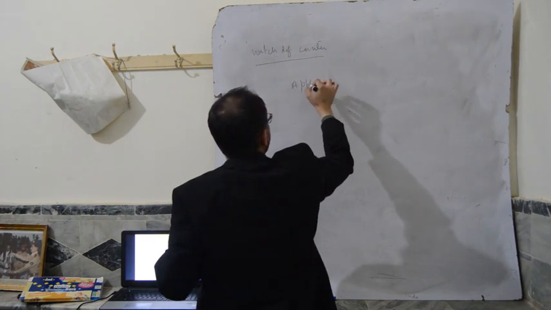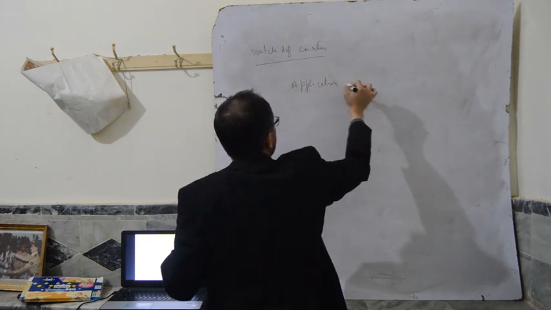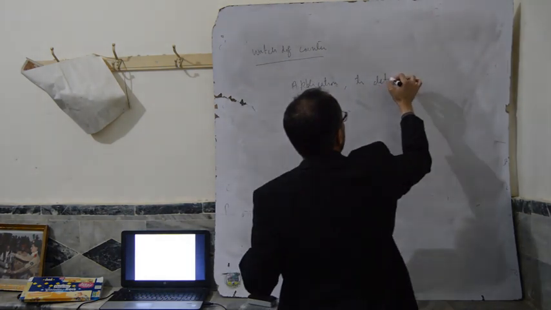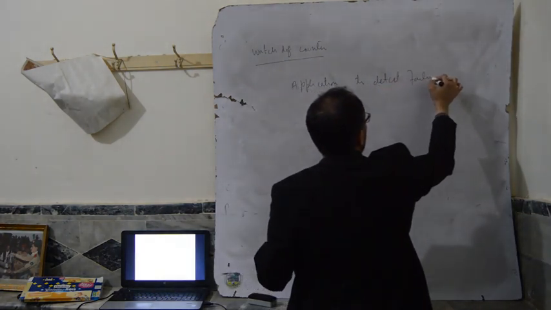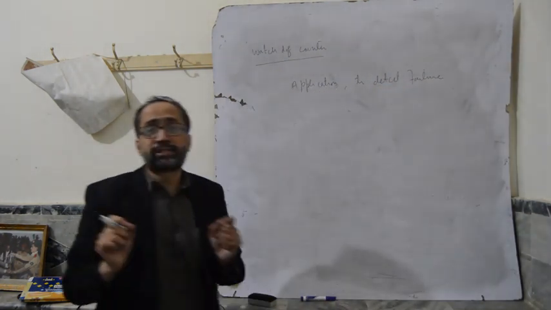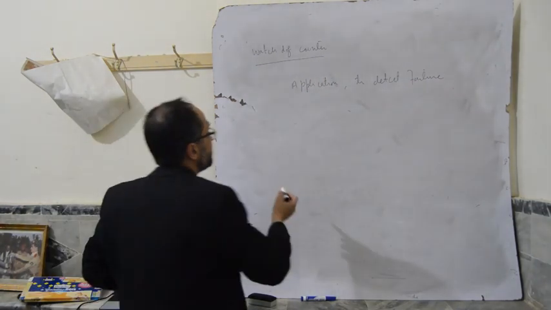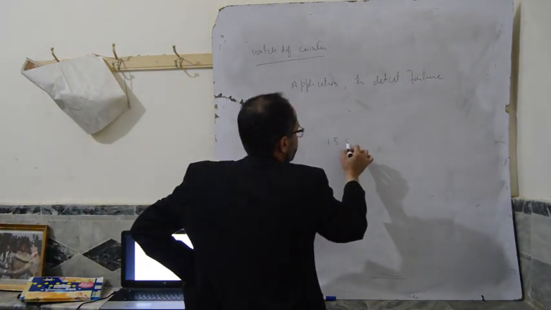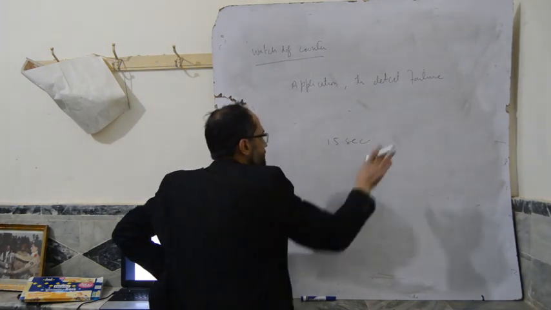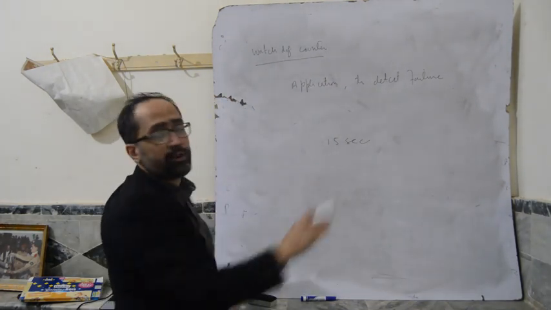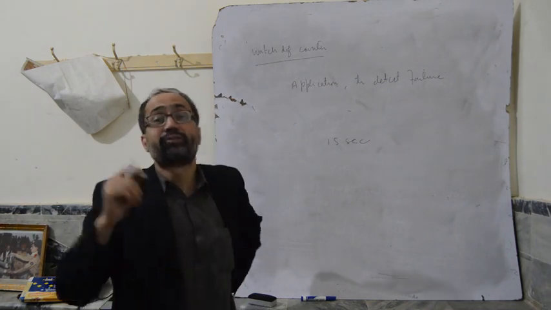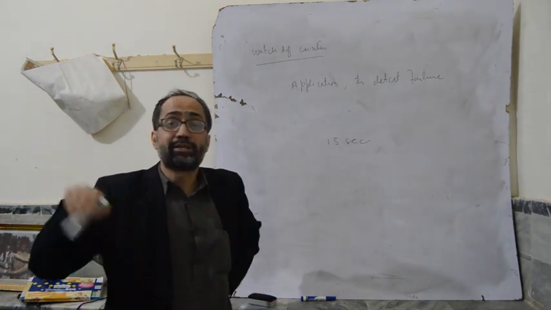It is used in applications to detect failure. If the system is not responding for a specified duration, let's assume that duration is 15 seconds, it will automatically reset the system. When it resets the system, it will be initialized to its known state.